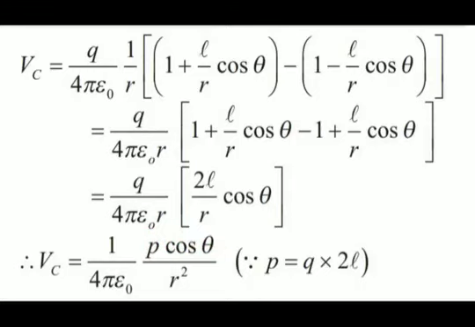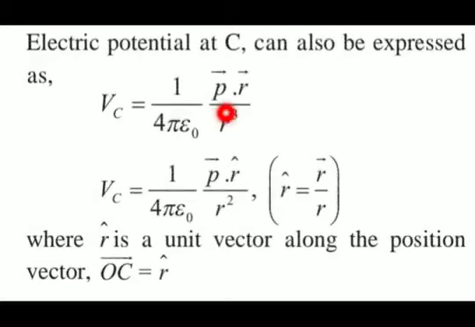Now the electric potential at C can also be expressed in vector form. We have done this formula, that was the scalar quantity. Now this is the vector quantity. If we take the vector of that, we are not having any other component here.